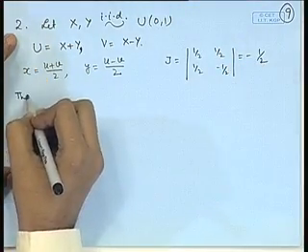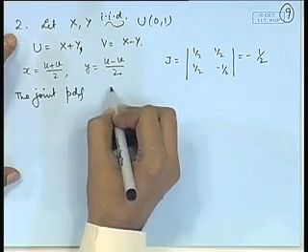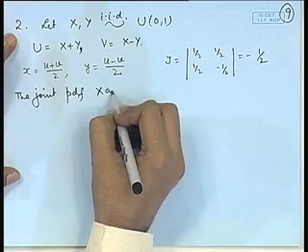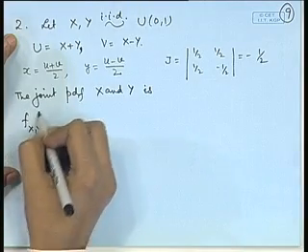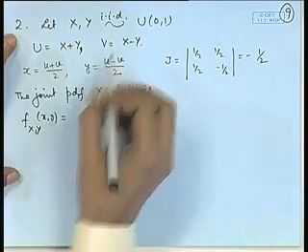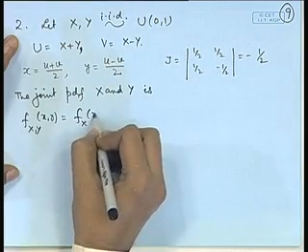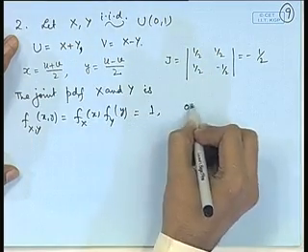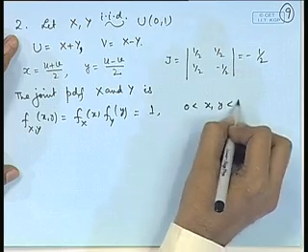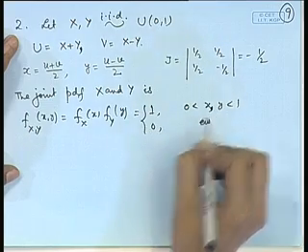So, the joint PDF of x and y, that is f x y, is the product of the individual distributions of x and y, both are uniform 0 1. So, it is simply 1 for 0 less than x, y less than 1 and 0 elsewhere.